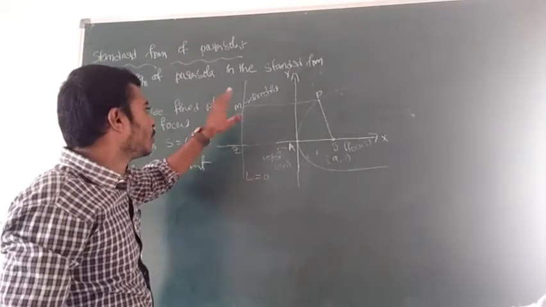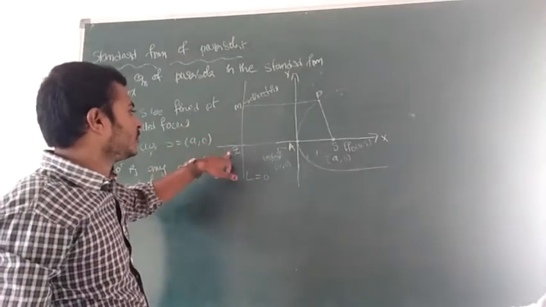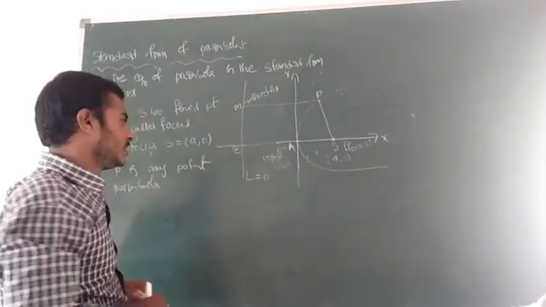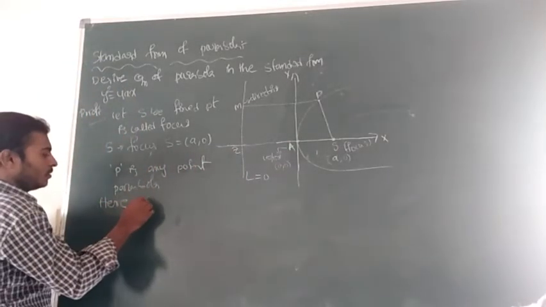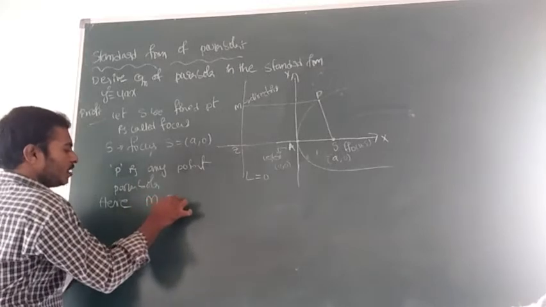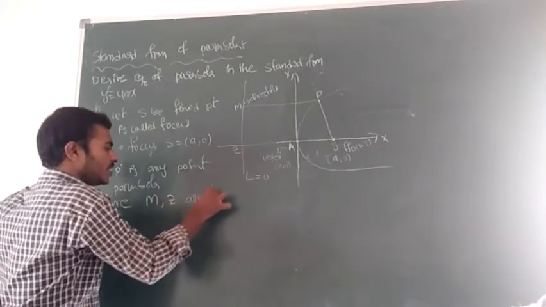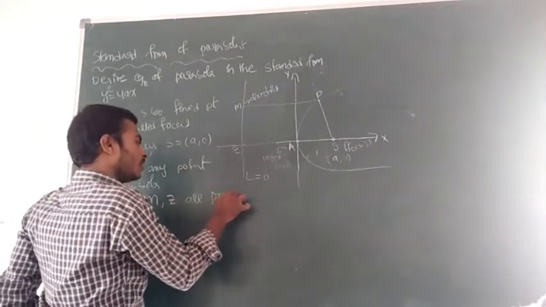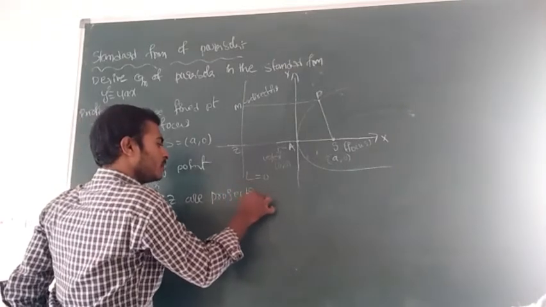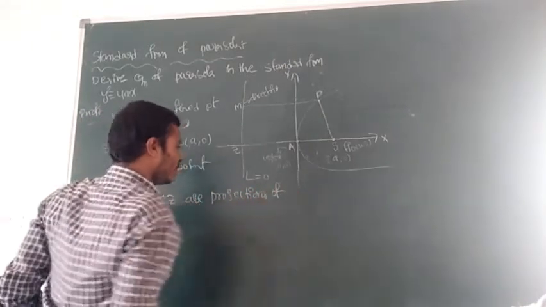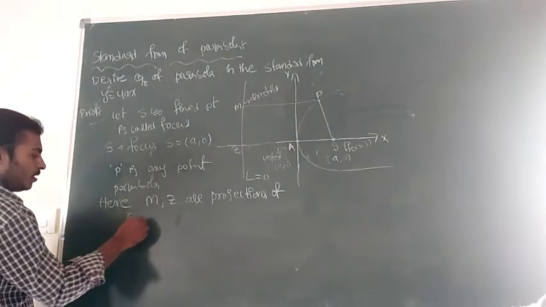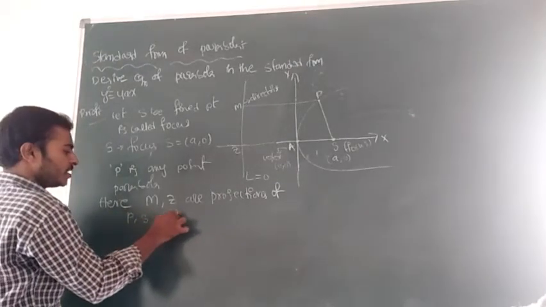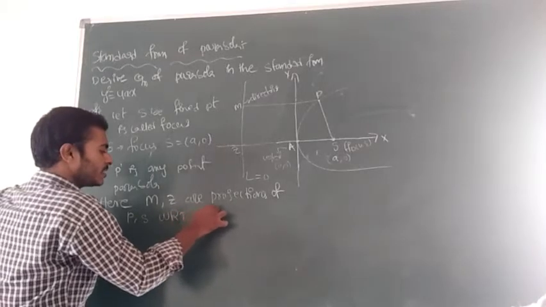Now we have to define the remaining terms here: M, Z, A and S. M and Z are the projections of P and S respectively on the directrix.